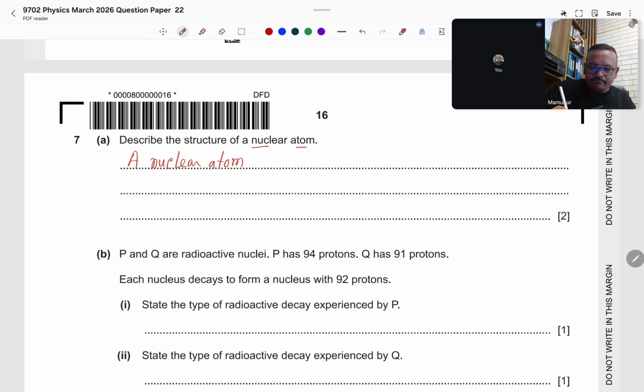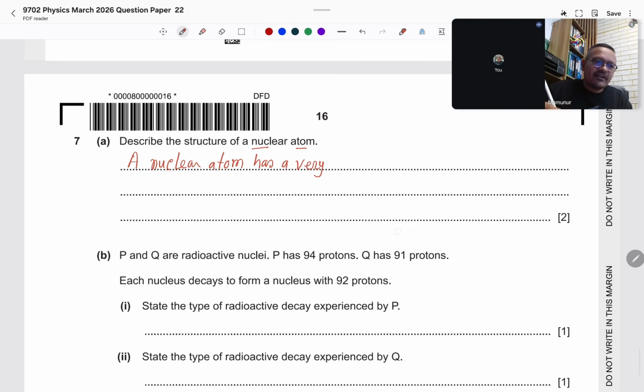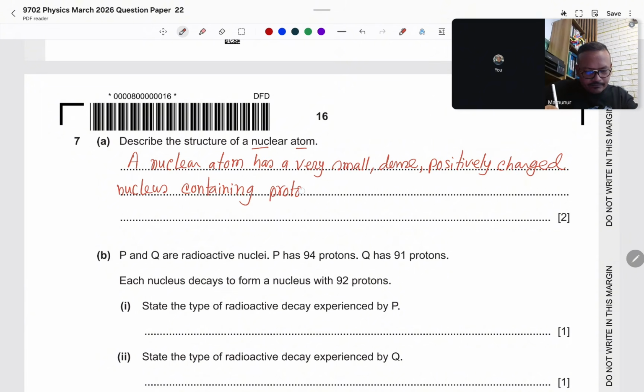A nuclear atom has a very small, dense, positively charged nucleus, containing protons and neutrons.